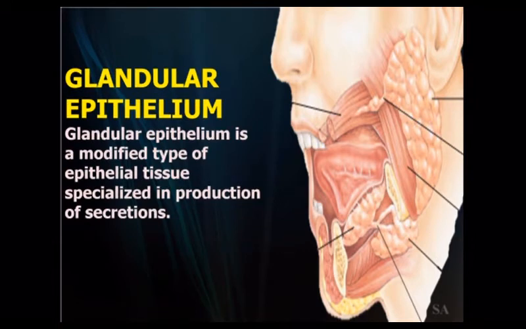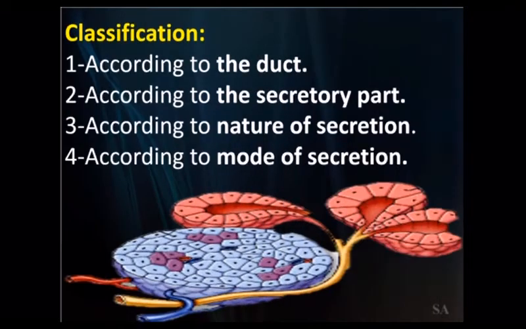Now we will discuss the glandular epithelium. It is an epithelium which is modified to produce secretion. Classification of the glandular epithelium is according to the duct, according to the secretory part, according to nature of secretion, and according to mode of secretion.